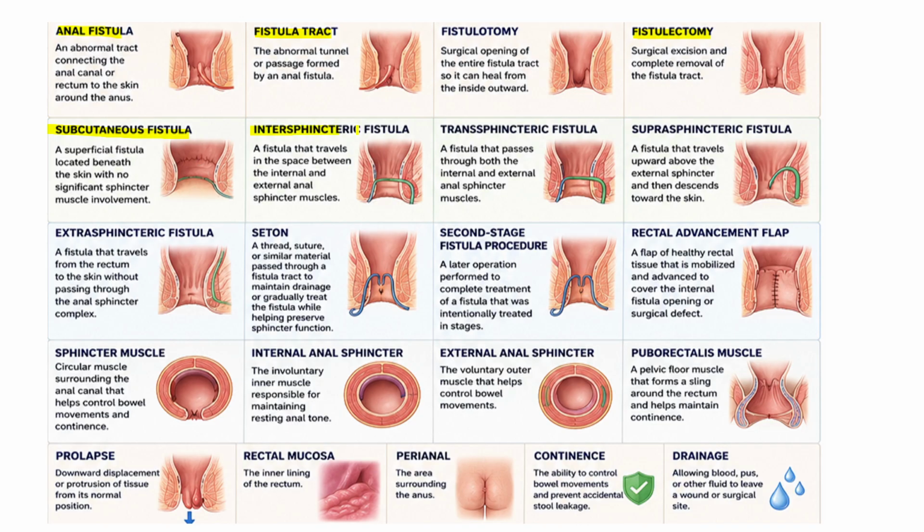Next we have the intersphincteric fistula. So what is intersphincteric fistula? It is present between the internal and external anal sphincter muscles. This intersphincteric fistula is present between the external and the internal sphincter muscles.